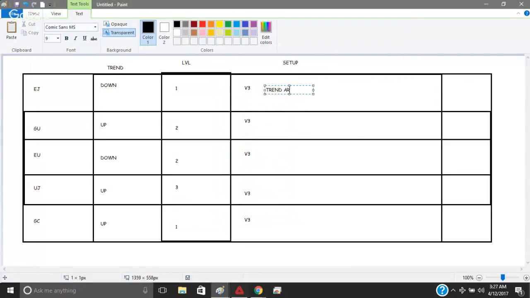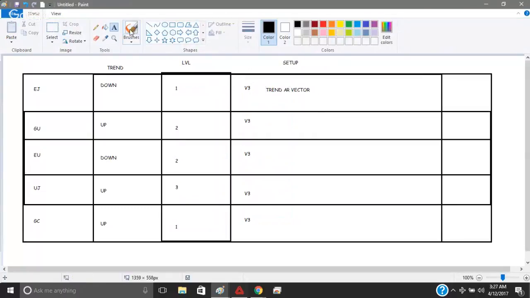Trend, vision range, got your vector, so on and so forth. Go ahead and do the same thing through all of these.